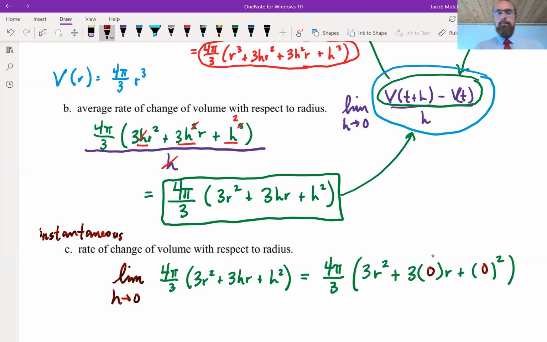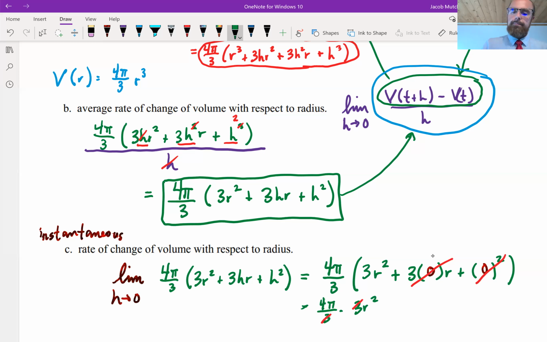So when I go to evaluate here, I've got a cancellation of these two latter terms. Zero involved in a product is going to make those terms zero. So what this reduces down to is 4/3 pi times 3r squared. And then my 3 divided by 3 is going to cancel.